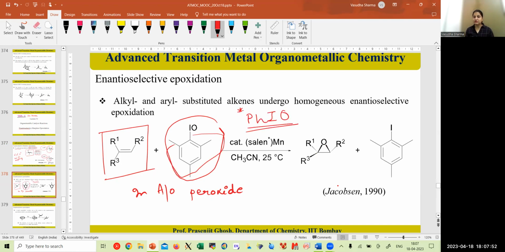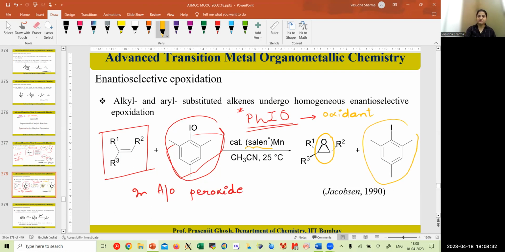This becomes the oxygen transfer agent, the oxidant. This oxidant will give an oxygen to your metal system, and then that metal catalyst, which has an oxygen, will transfer it to the alkene, forming an epoxide with enantiomer selectivity, because here we already have a chiral salen ligand with the catalyst system. Ultimately, this oxidant will get reduced and give you PhI over here.